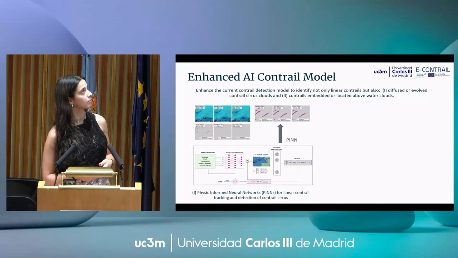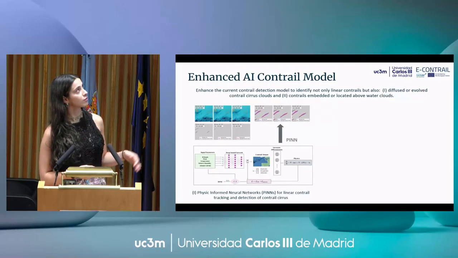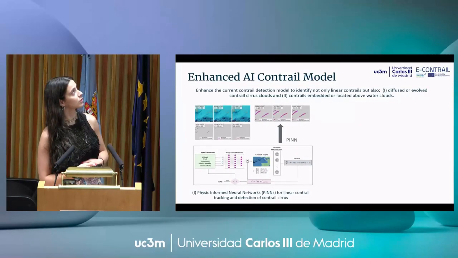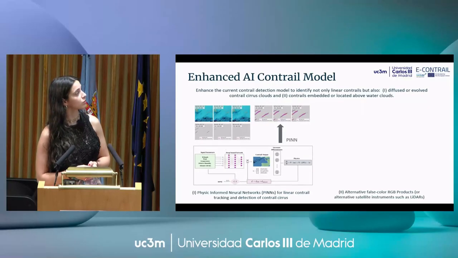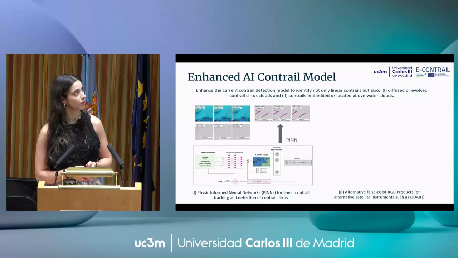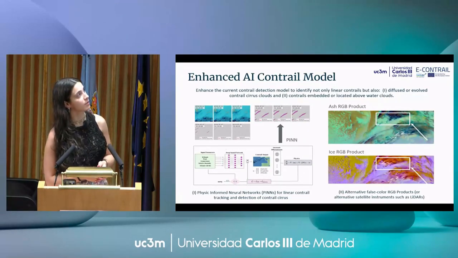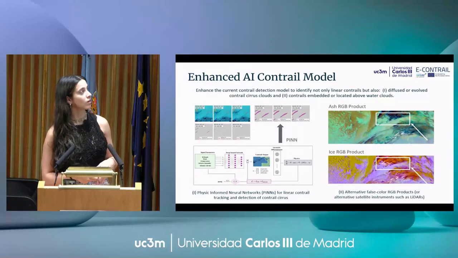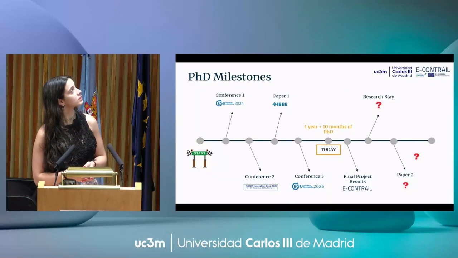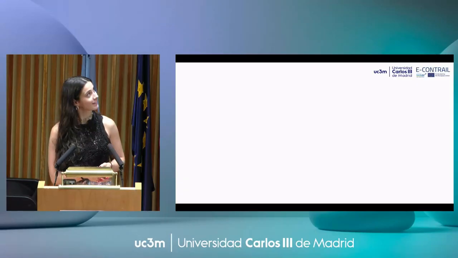However, if we employ a different approach, like a PINN, which includes physical information on the advection and the diffusion of the plume, we could eventually detect a larger amount of contrails. And also we could test alternative false color RGB products to identify contrails that are embedded in or above clouds, or alternative satellite instruments. And at some point, I will finish the PhD.